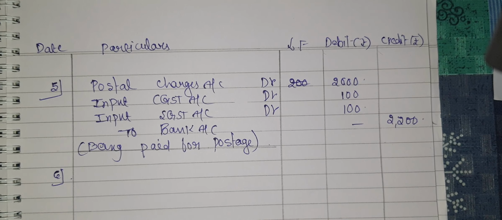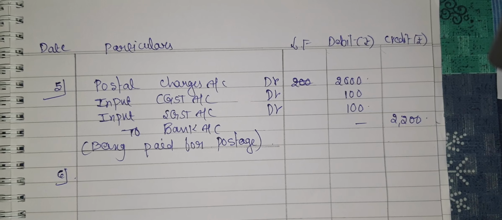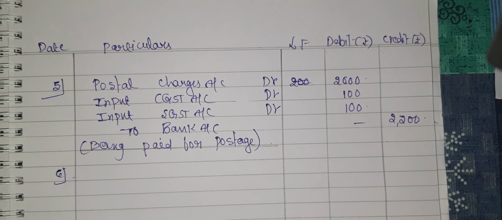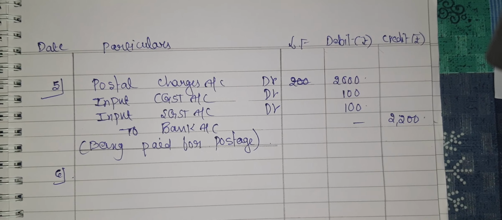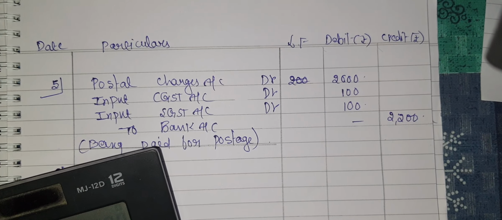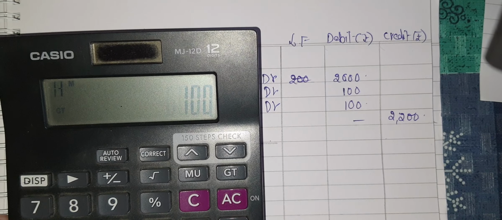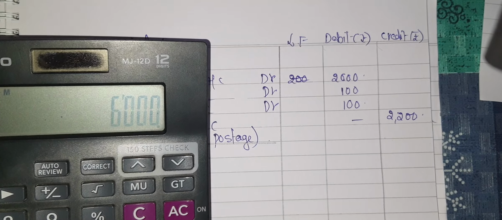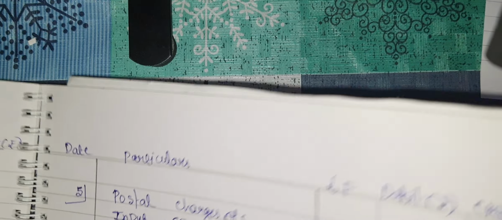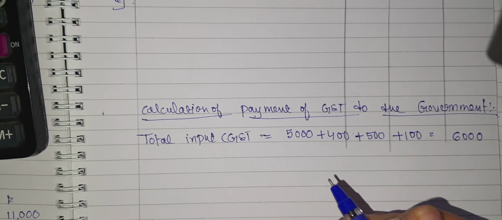So total input CGST is 5,000 plus 400 plus 500 plus 100, that is rupees 6,000.